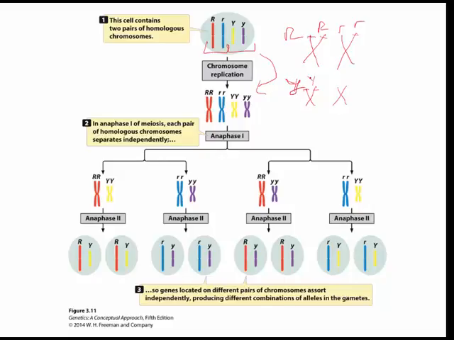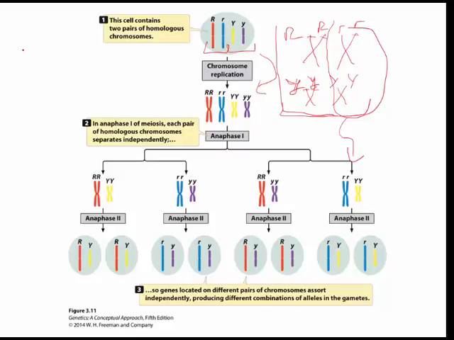Little y, big Y, big Y. Why did I switch that? Because this is how they're lining up. And when they line up that way, these will go this way. And so now little r went with big Y, and big R went with little y.